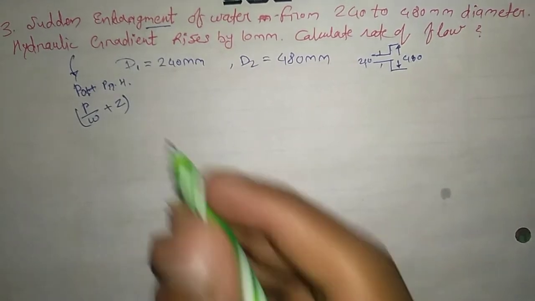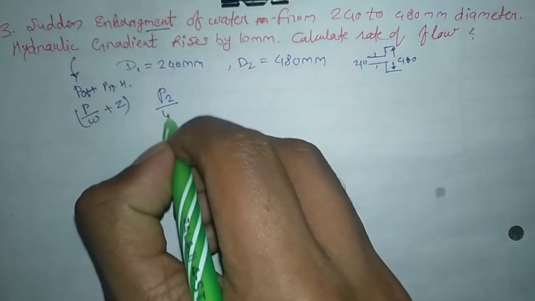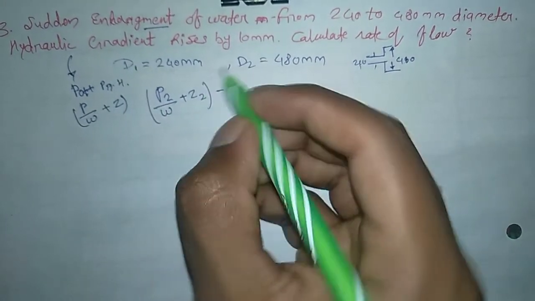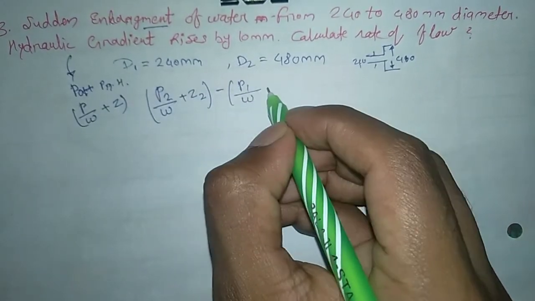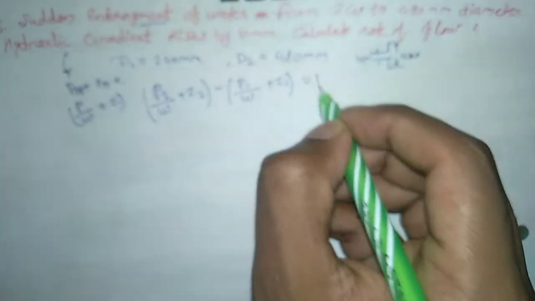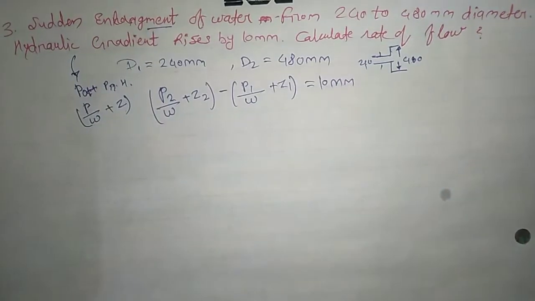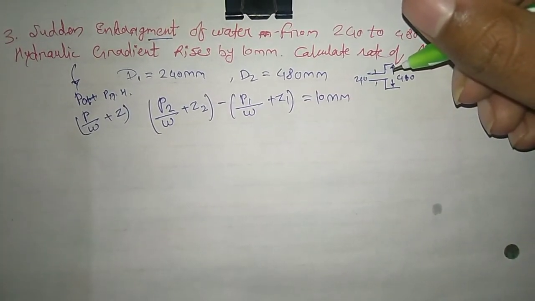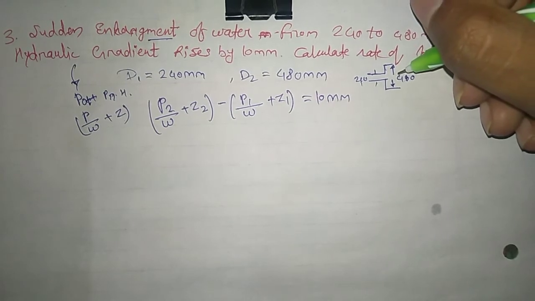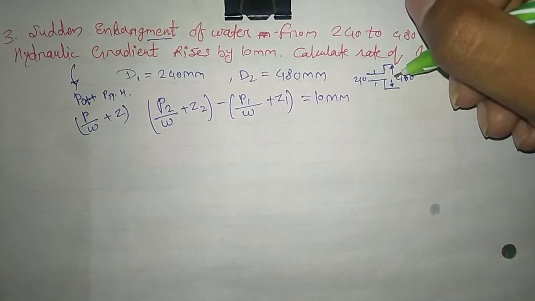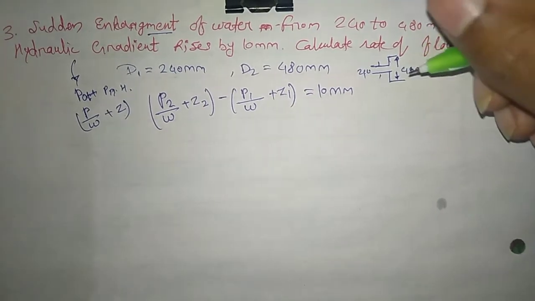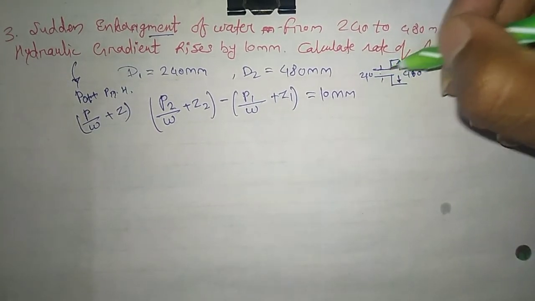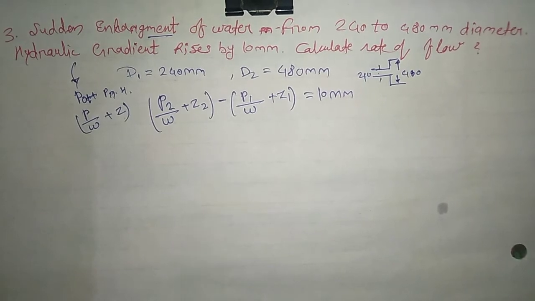So we can say that (P2 by W plus Z2) minus (P1 by W plus Z1) is equal to 10 mm, which means the hydraulic gradient in the bigger section is increased by 10 mm when the fluid passes from the smaller diameter to the bigger diameter.